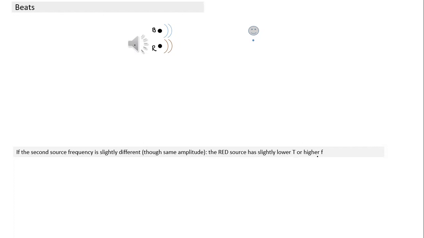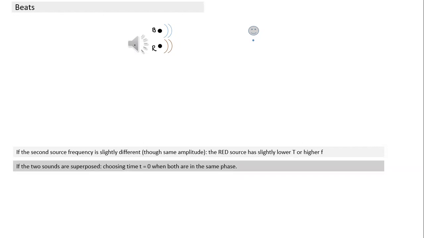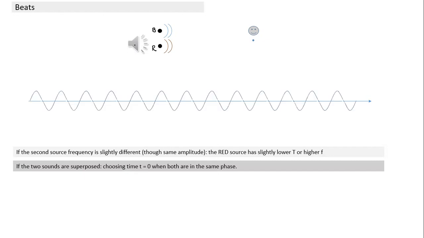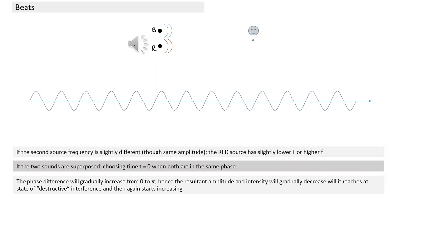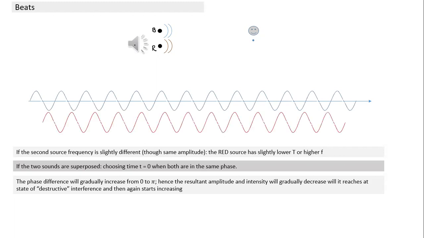How would the oscillation look? Let's look at this. This is the oscillation due to the blue source. The red source frequency is slightly higher. This is how it will look.